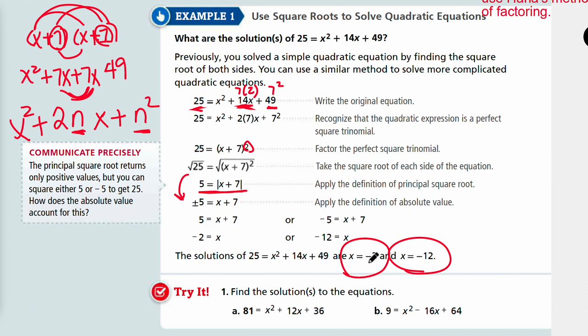So keeping this in mind, let's try number 1. Try it, A and B. So recognize if you have a perfect square and factor them out first and square root both sides in order to solve for x. So pause the video and come back for answers.